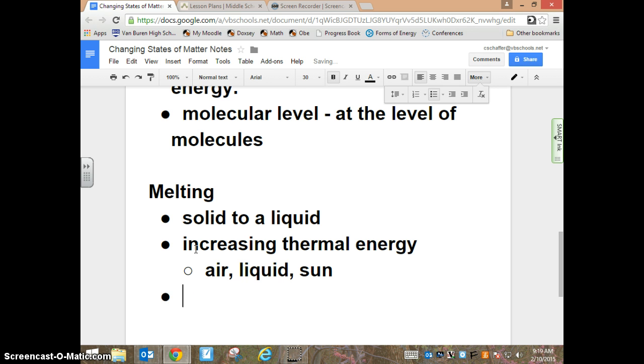Now, the other thing that you needed to look at was what is happening to the particles. When we increase energy, the particles are going to start vibrating faster.